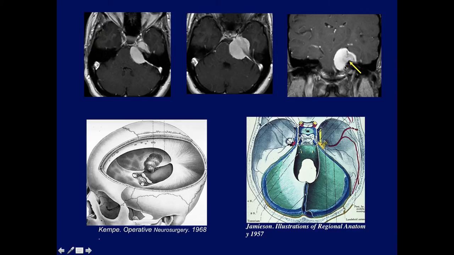And here on the coronal plane, see the temporal bone, and here's the meningioma straddling the apex of the temporal bone, as can be seen on this surgical diagram. So this sits along here on the upper surface and then goes inferiorly to cover the temporal bone apex.